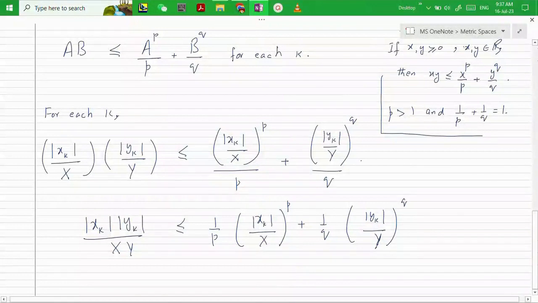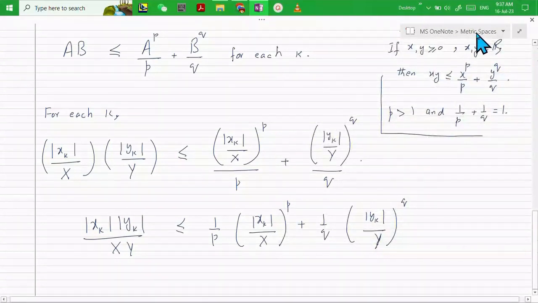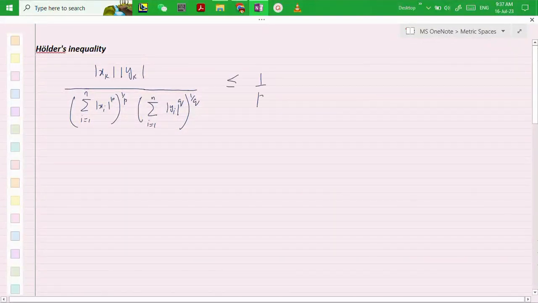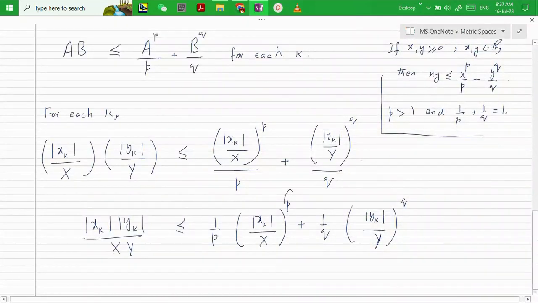Similarly, on the right hand side we have 1 by p times mod of xk power p divided by summation i from 1 to n mod of xi power p whole power 1 by p. Here you can see that there is the power p.